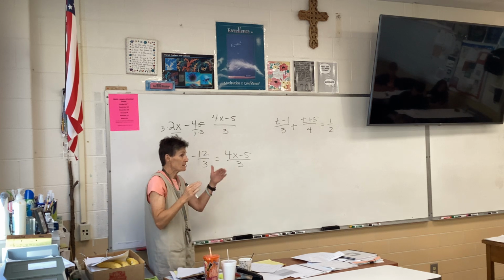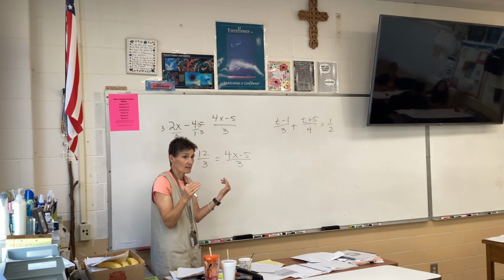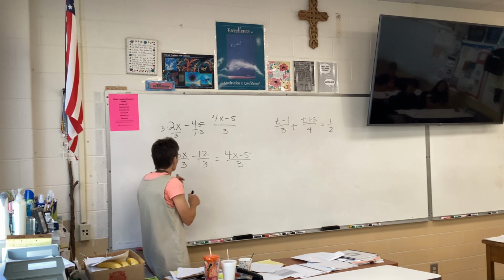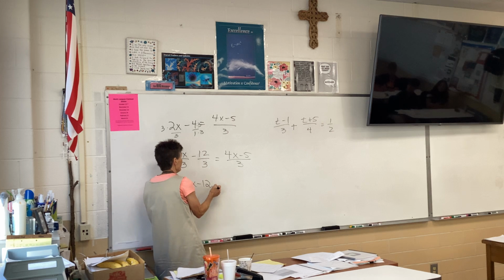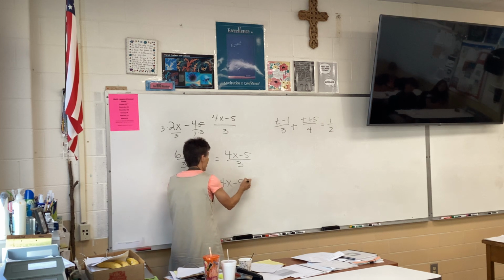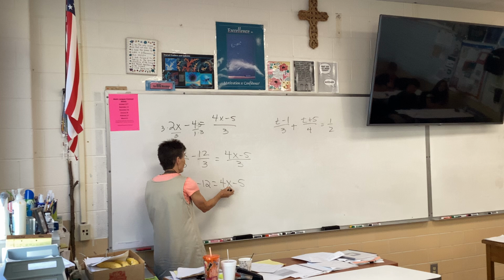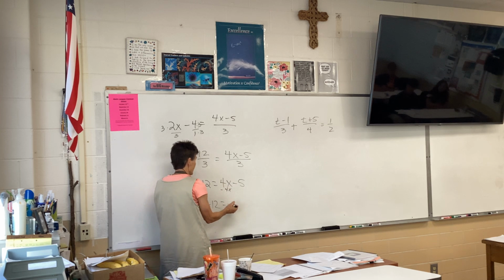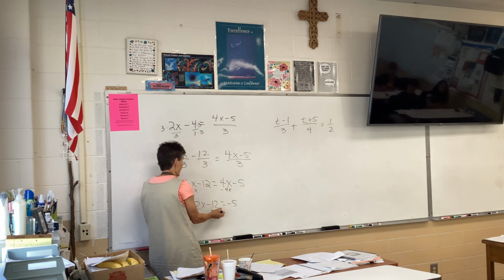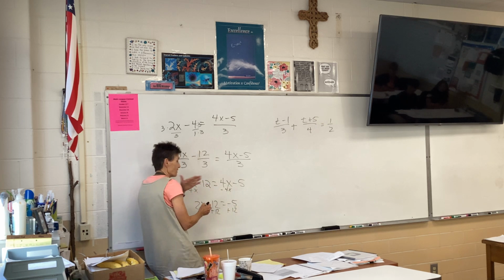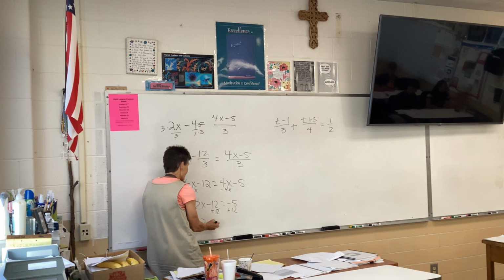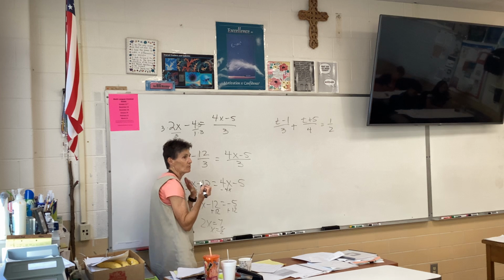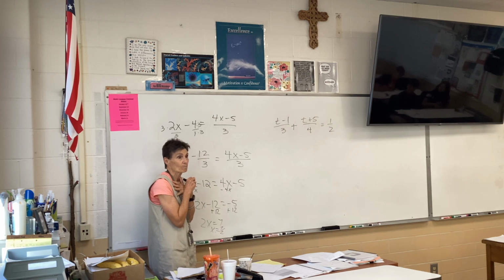Once you get everything over a common denominator, what are you allowed to do? Lose the denominator. So we have 6x minus 12 equals 4x minus 5. Then we'll subtract 4x. So we have 2x minus 12 equals negative 5. Add 12. We're going to get 7. So 2x equals 7. And yesterday when we did this problem, did we get 7 halves? Yes. Perfect.